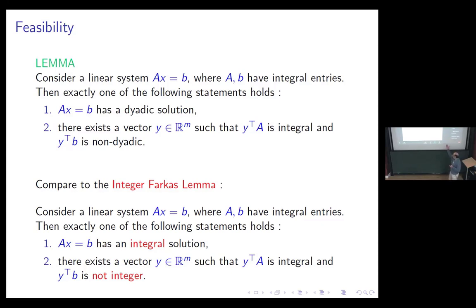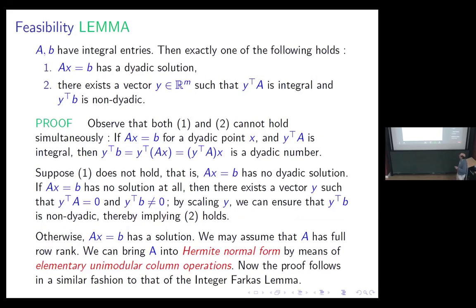So let me give you a quick idea of how this would be proved. I restated the lemma here. First, let's observe that both 1 and 2 cannot hold simultaneously.